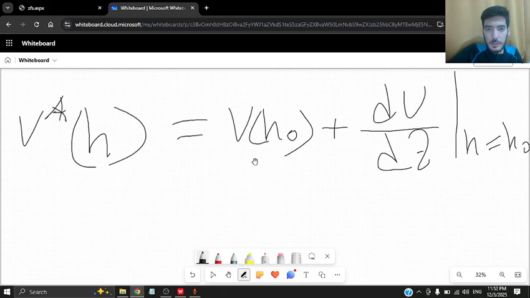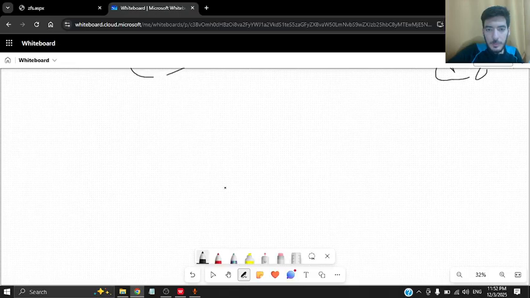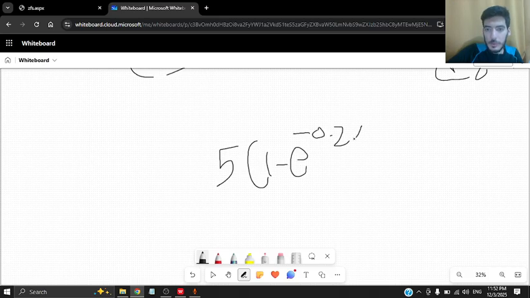Now for this part here, it will be 5 multiplied by 1 minus e to the power negative 0.2 multiplied by 5.